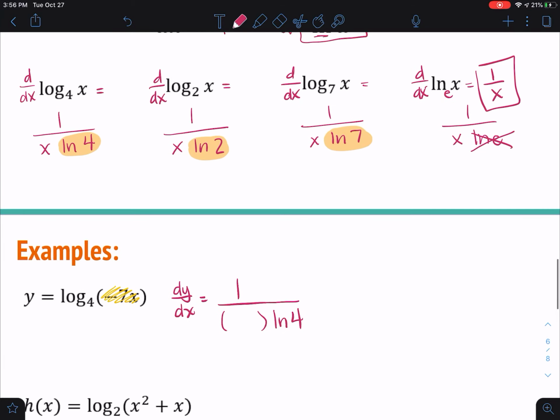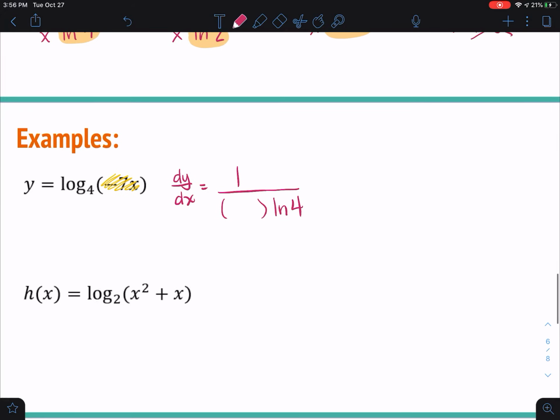Up here, my inside was always just x. Down here, my inside is actually negative 7x. So it's always 1 over the inside, basically, is what you can think of it as.